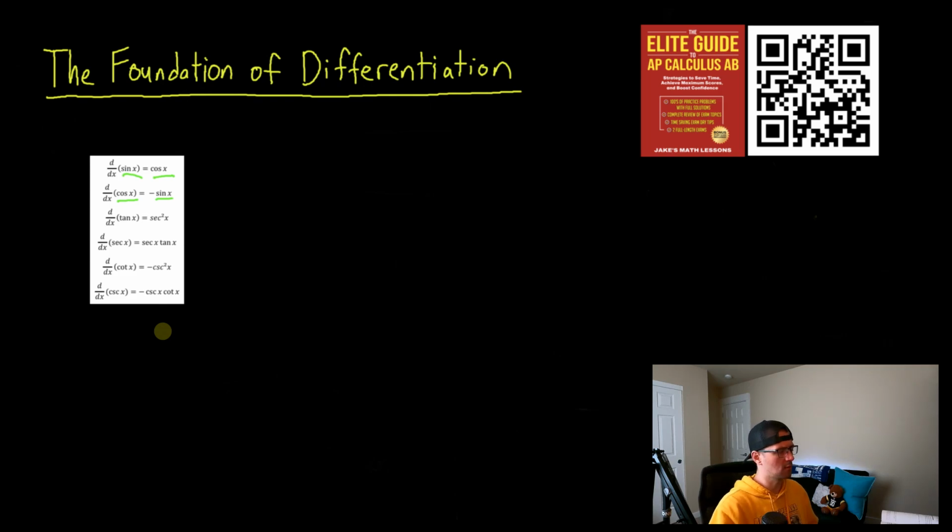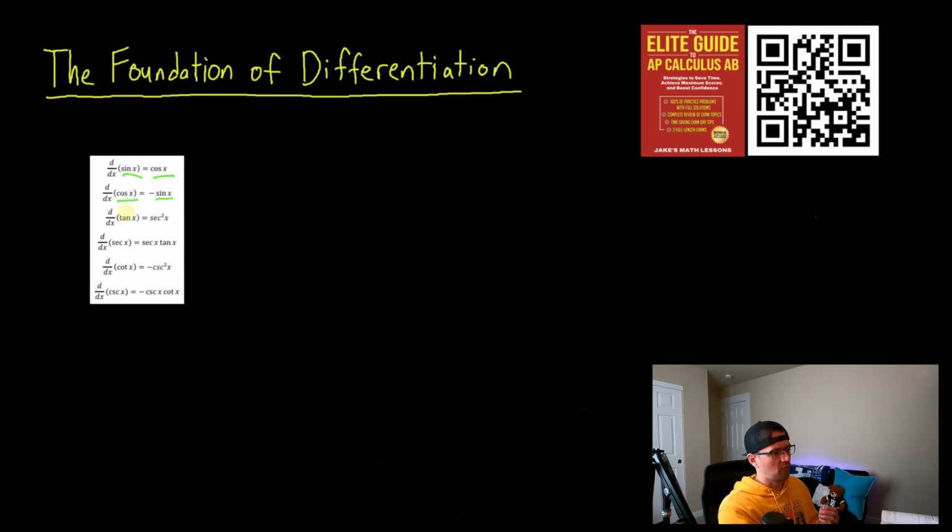Let's talk briefly about a strategy that you can use to memorize these four derivatives. The first thing I want to point out: sine and cosine, their derivatives are much simpler, right? The derivative is just a single trig component, a sine or a cosine, and then you're just remembering if it's positive or negative.